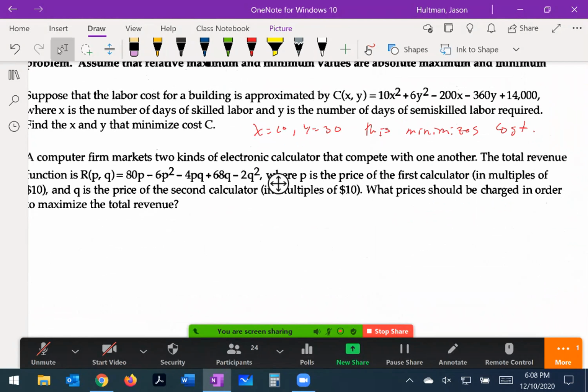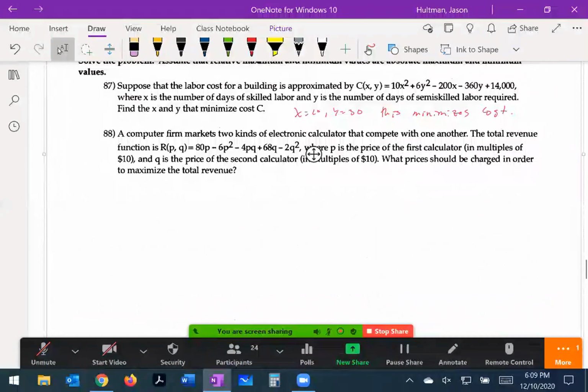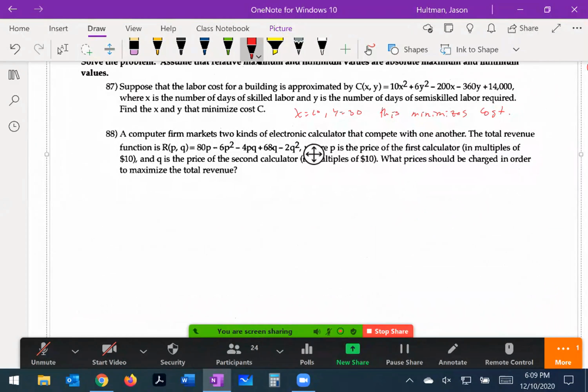Okay. Number 88 is a little bit more challenging, simply because the system of equations that we get is going to be more challenging. So we have two kinds of electronic calculator that compete with one another.